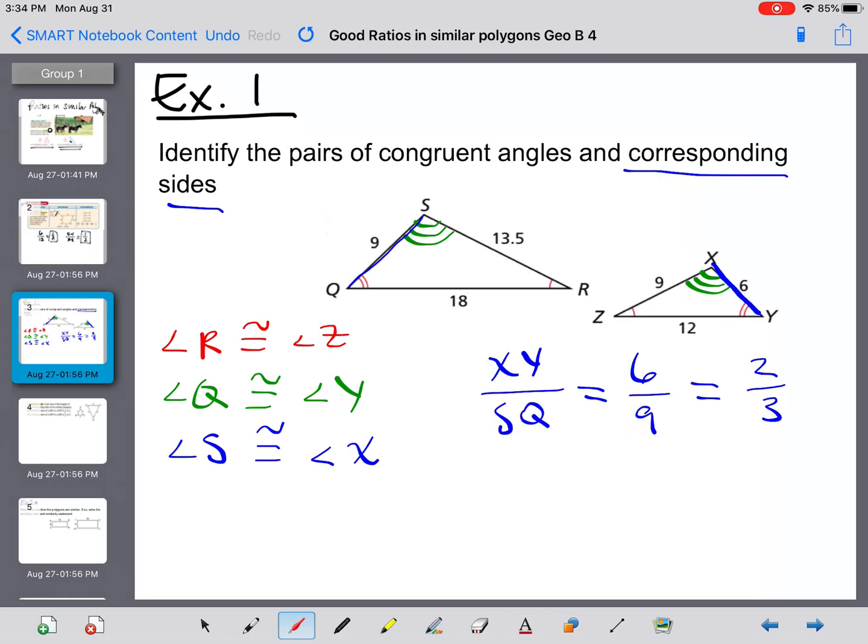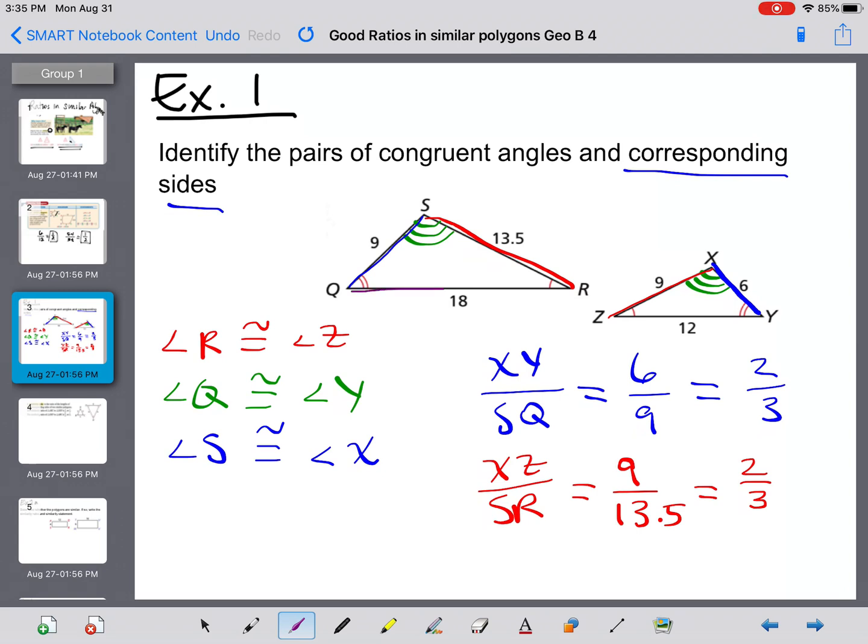The next side that we would match up would be XZ over SR. That would be 9 over 13.5, which, if you use your calculator to do 9 divided by 13.5, you would get 0.666 repeating, which as a fraction is 2 over 3.